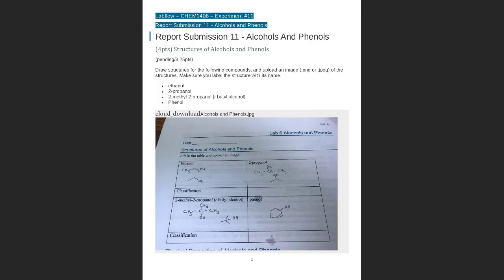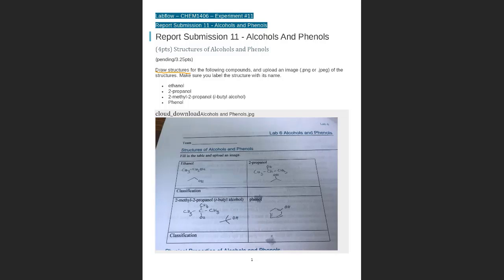The first thing that you are going to be asked is to draw the structures for the following compounds. You can actually do it on paper and then upload a picture of that part to your computer.